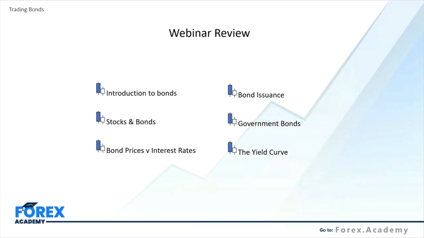So that brings us to the end of this review on trading bonds. We discussed obviously the introduction to bonds as a relation with risk premia to stock markets. We looked at the real link between bond pricing and interest rates and how they're effectively inversely correlated. When bond prices move up, interest rates will move down. And of course, when interest rates move up, bond prices will move down to reflect that new issuance.